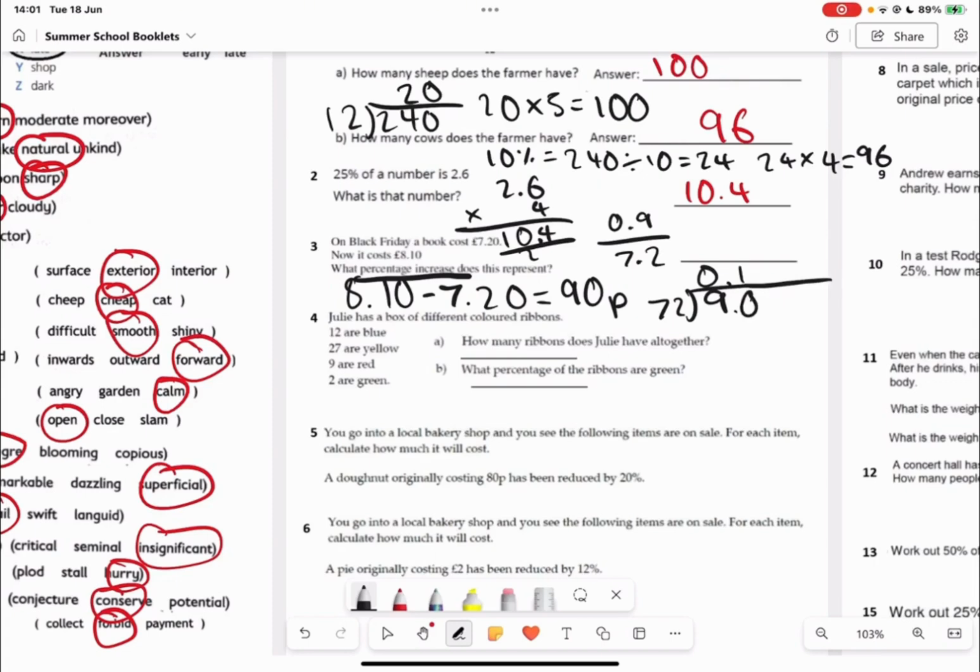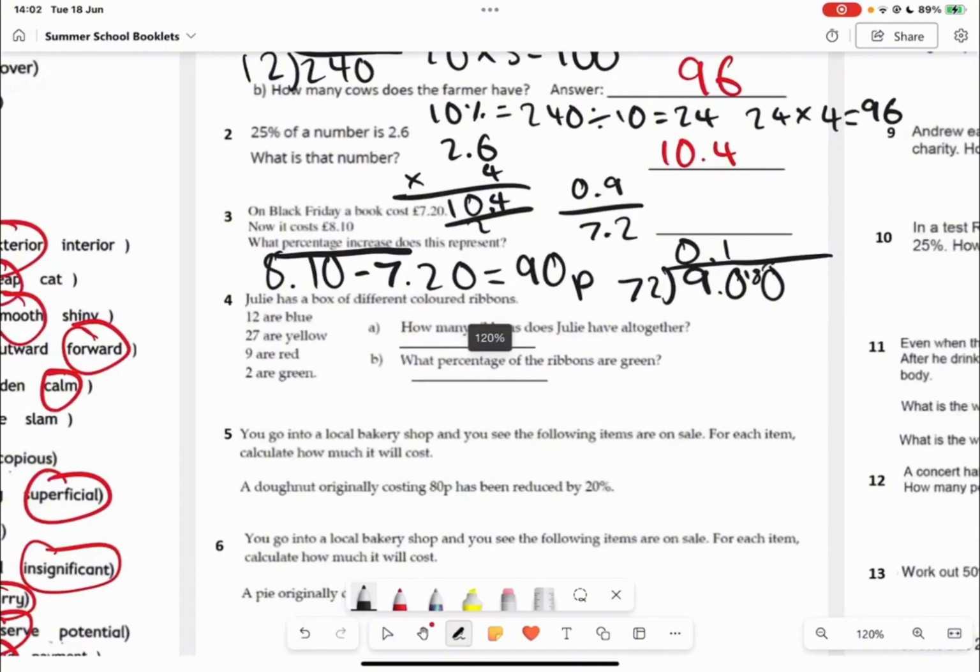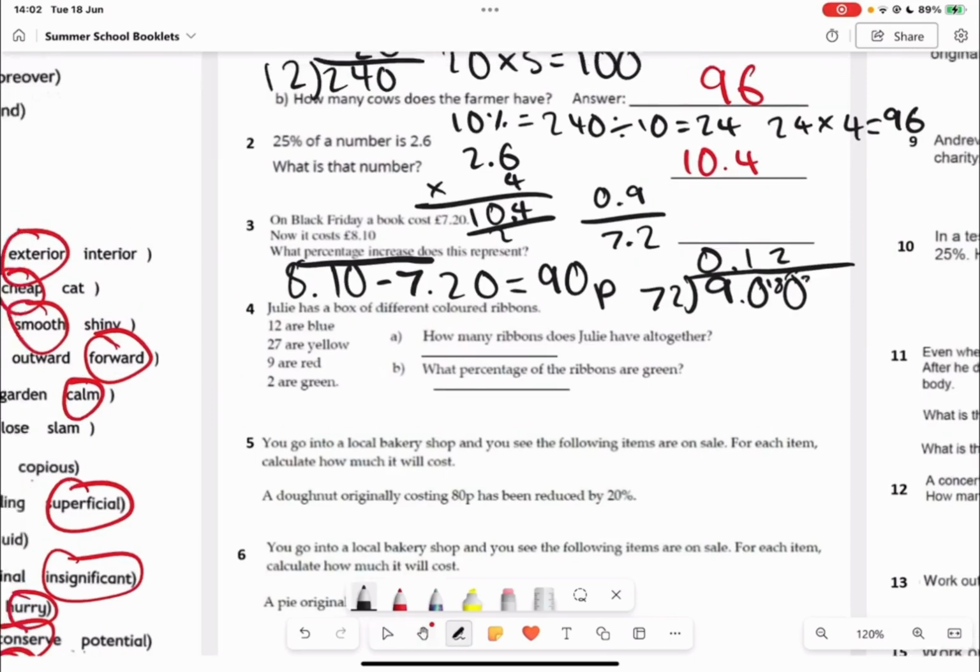This leaves us with a remainder of 18. And then we see how many 72s go into 180. The answer to that will be 2, which gives us 144, with a remainder of 36. So then we add our 0, and we divide 360 by 72, which is equal to 5.